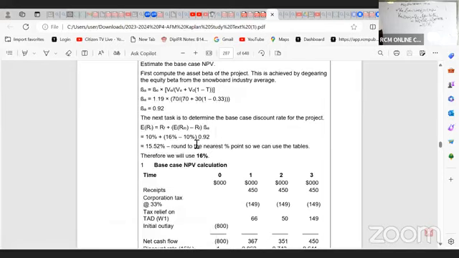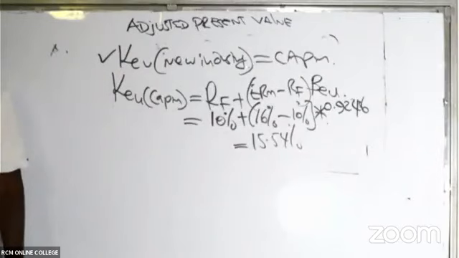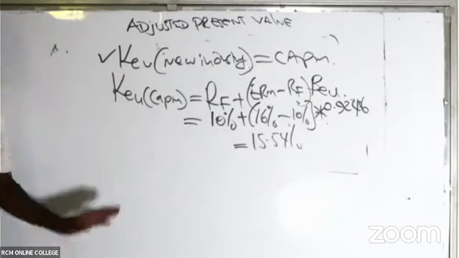So you guys are doing well. You can see here, 15 point something, 16%. They decided to work with 16%, but us, we shall work with the figure that we have.